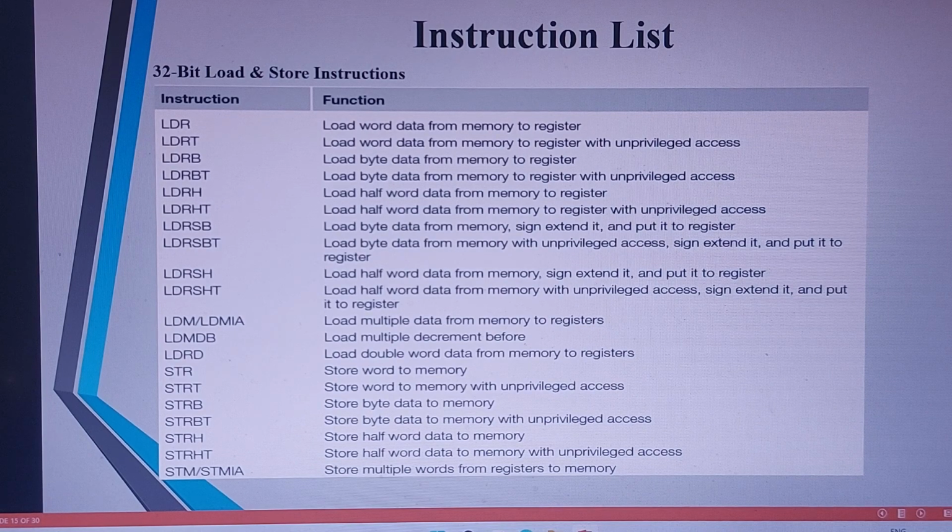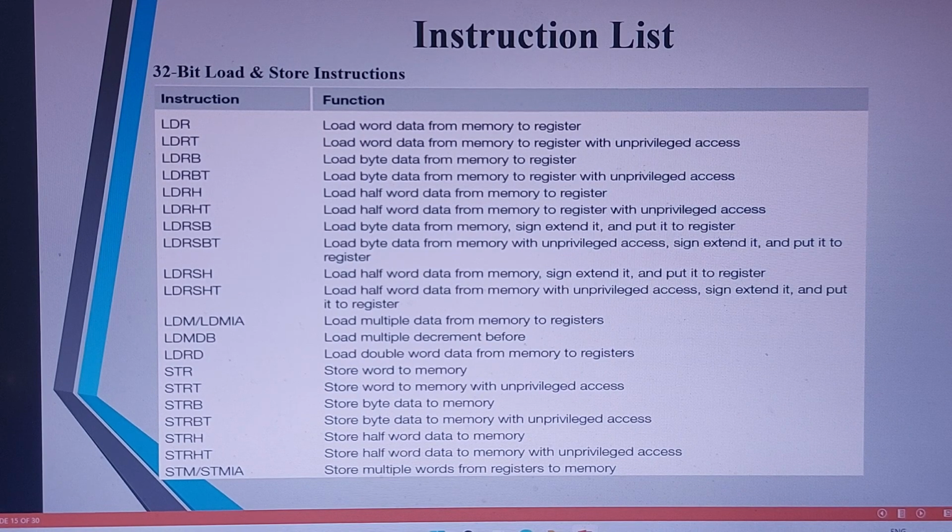Then we have LDRSH, load half word data from memory, sign extend it and put it to the register. LDRSHT, load half word data from memory with unprivileged access, sign extend and put it to the register. So operations of all the instructions are quite similar, only there will be a small difference from each other.